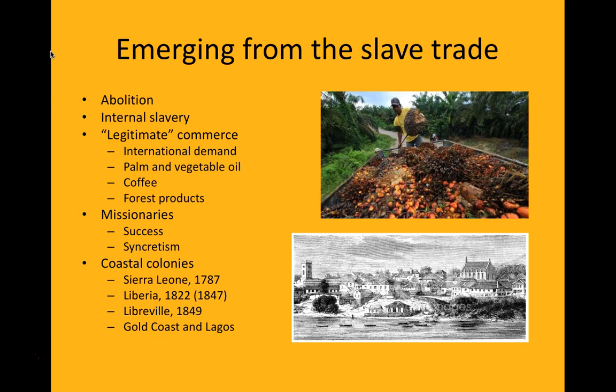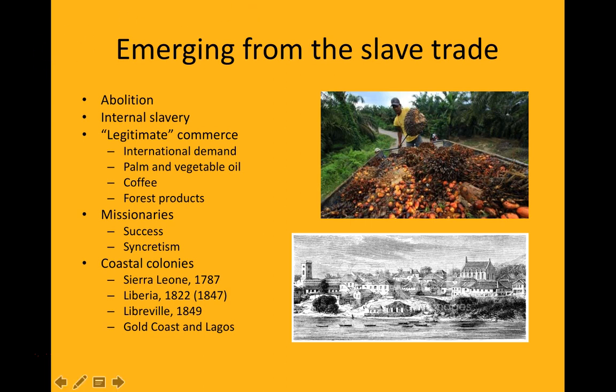And so 1787 sees the creation of a British colony called Sierra Leone, and with its capital city called, not coincidentally here, Freetown, right? That was the name they chose.